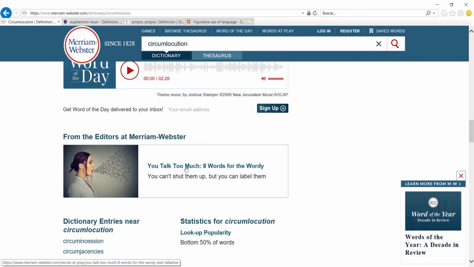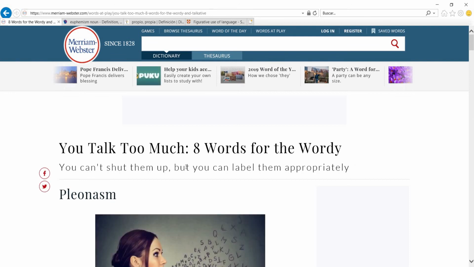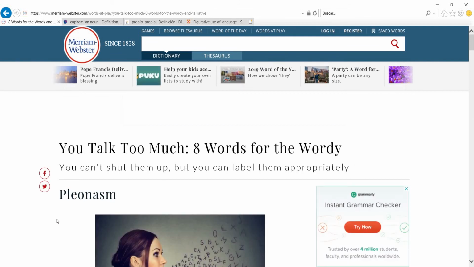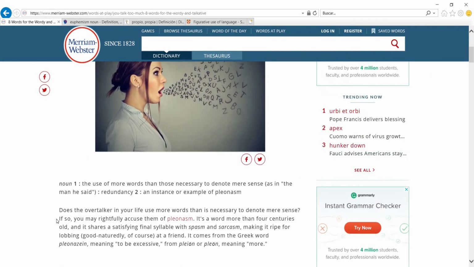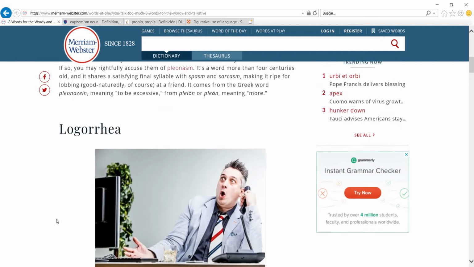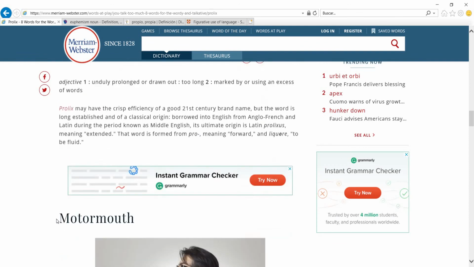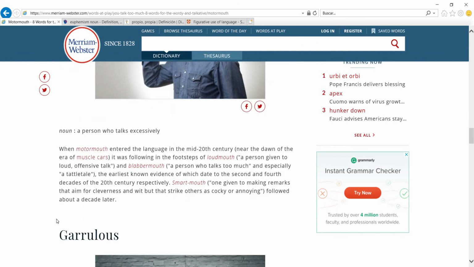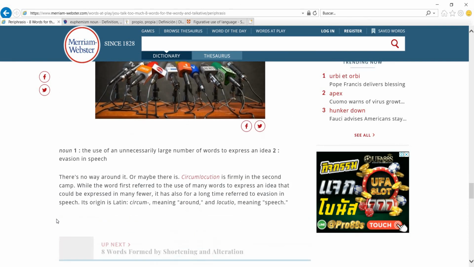You talk too much, 8 words for the wordy, right? And you will find pleonasm, that's the word we use a lot. We use it in Spanish as well, pleonasmo, como cuando decimos bella caligrafía, cuando caligrafía es bella. Logorrhea, verbose, prolix, motormouth, garrulous, periphrasis, and circumlocution, right?